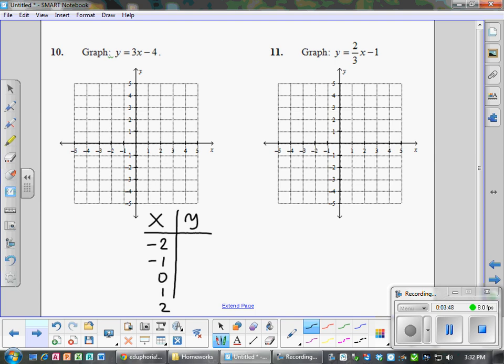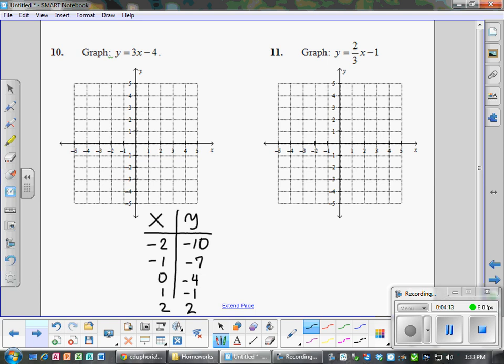So for your equation, you'll have 3 times a -2, that's a -6, a -6, and a -4 gives me a -10. 3 times a -1 is -3, -3 and -4 gives me a -7. If I put 0, it gives me a -4. If I put 1 in there, it gives me a -1. If I put 2 in there, it gives me a +2.